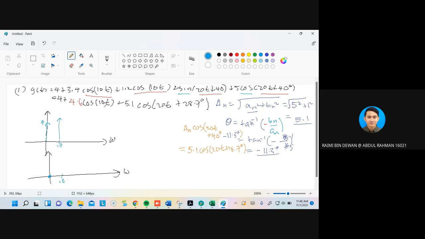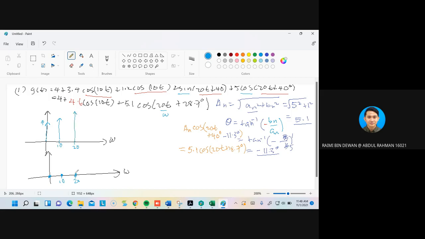And then how about the angle? There is no phase shift, so it's still 0. You can use X, whatever. Then the next, you have this 5.1 cos 20t. Now your omega is 20, so this is 20. Then you have 5.1, a bit higher.